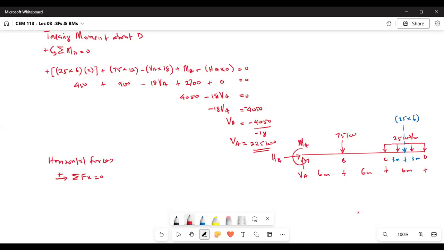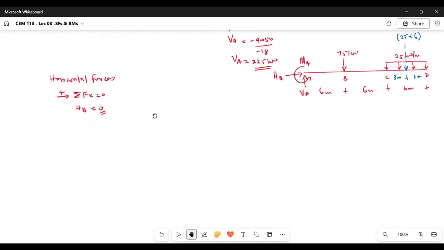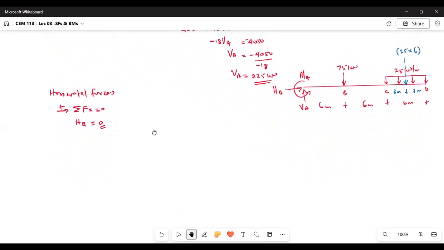We have only one. HE is going to the right, so it's positive. Then we equate it to 0, and that's it. As I kept emphasizing, if it's an exam, let's say if I give this one 5 marks, this horizontal will also get 5 marks. Because it's not every time that the horizontal force will be 0. No.